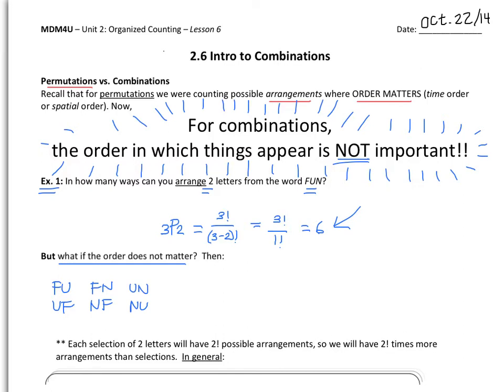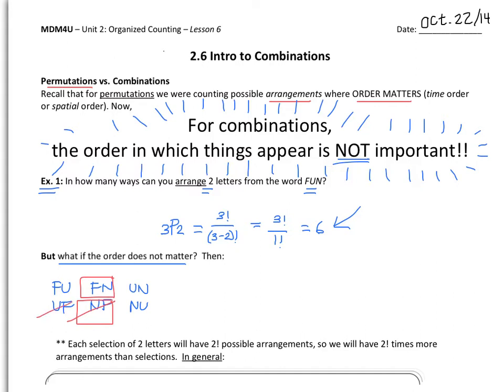So those are all the possible arrangements. However, if we didn't care about the order, so that's what we're asking here, FN and NF would be the exact same because we don't care about the order. All we care about is taking those 2 letters. So we'd actually cancel one of those.